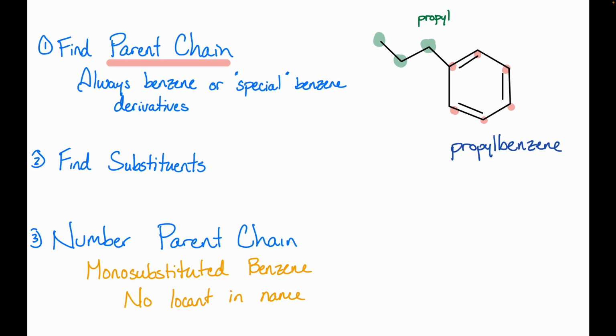Again, I'm not going to put the locant in my name. There's only that one propyl group, so I know it's on carbon 1 in my molecule. All right, so I want everybody to take a second and name this benzene derivative for me.